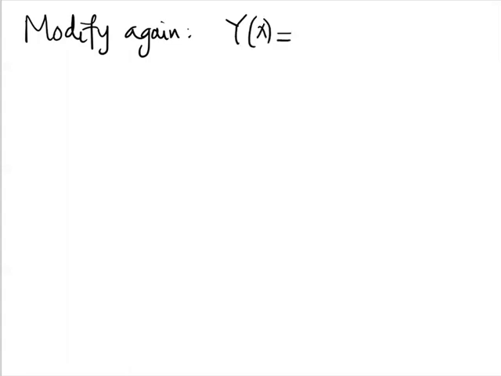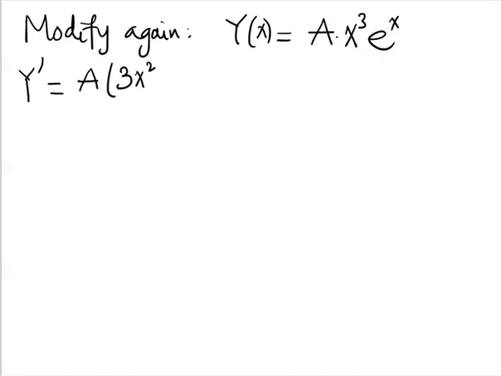And this time we need to take the derivative and plug into the non-homogeneous equation. It's a little bit lengthy here, but the derivative using the product rule will have 3x squared e to the x plus x cubed e to the x.